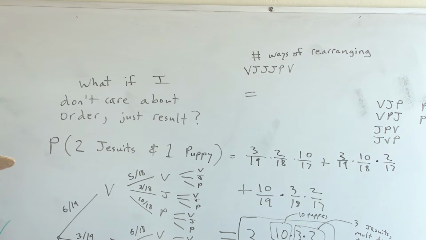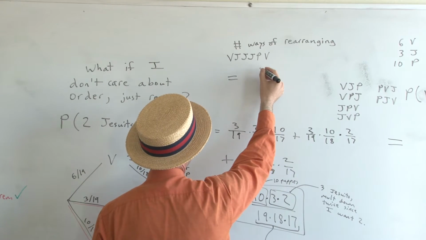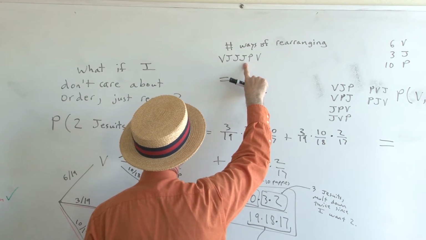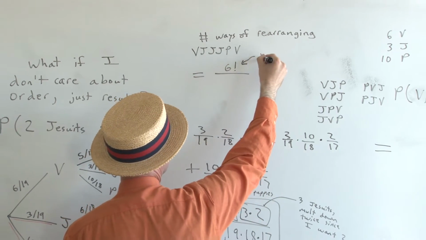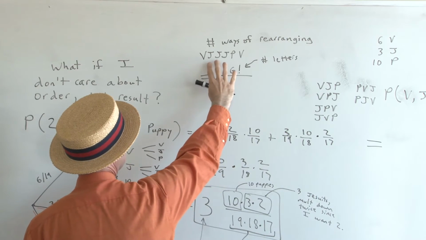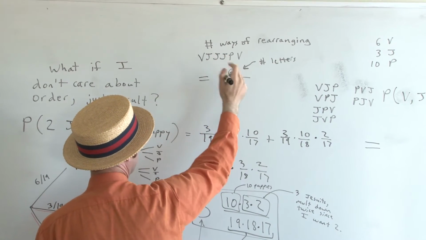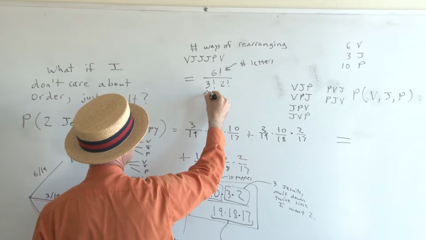So the number of ways of rearranging that is going to be the number of letters factorial. So this is the number of letters on top. And then I'm just going to divide by the repeats. So I've got a 3 repeat there, and a 2 repeat for the V's.